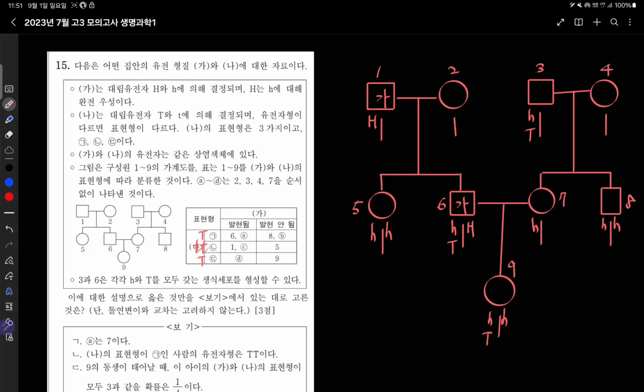So that means individual number 1 should have two lowercase t allele, and individual number 5 should have two lowercase t allele.